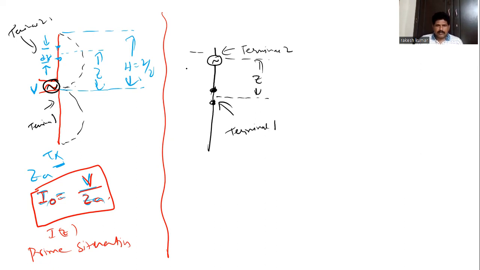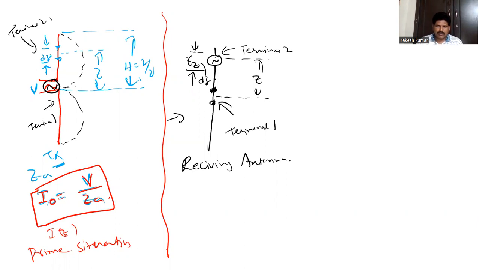Let's consider here that E(z) is the electromagnetic field applied on dz. This is the receiving antenna. Now consider the same antenna as the receiving antenna, as shown in this figure.